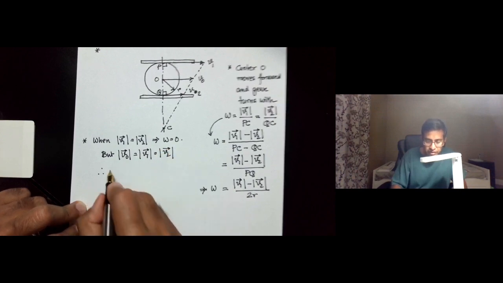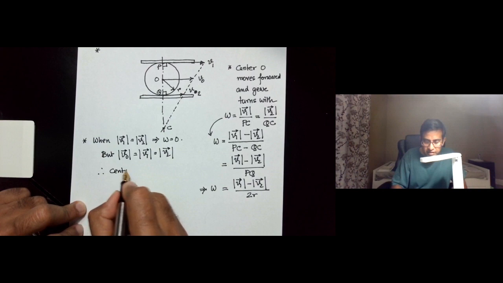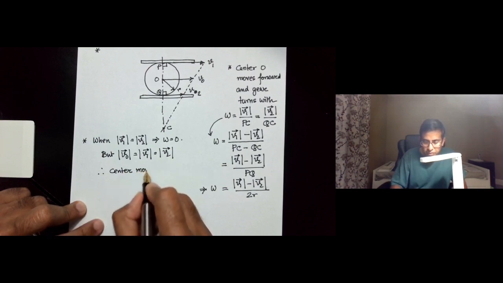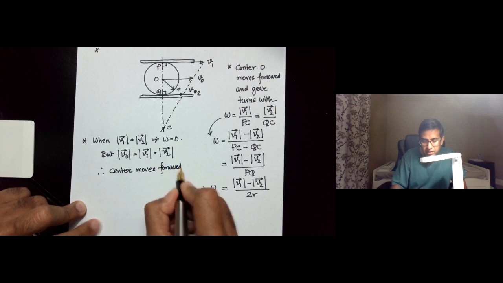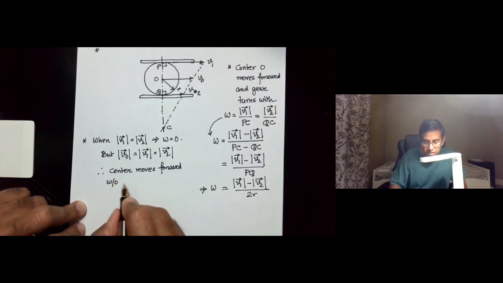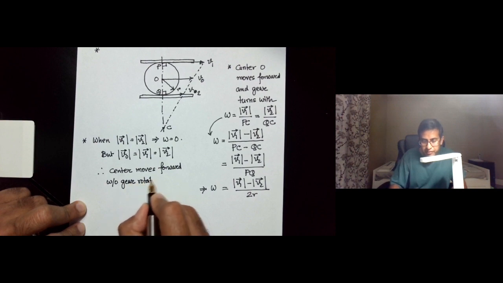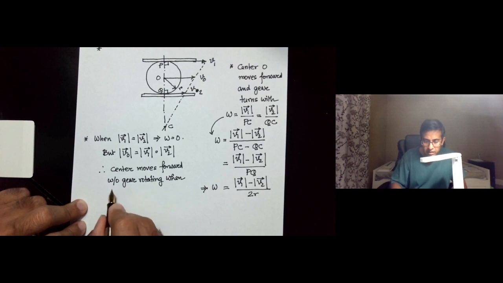So the center moves forward without the gear rotating when V1 is equal to V2.